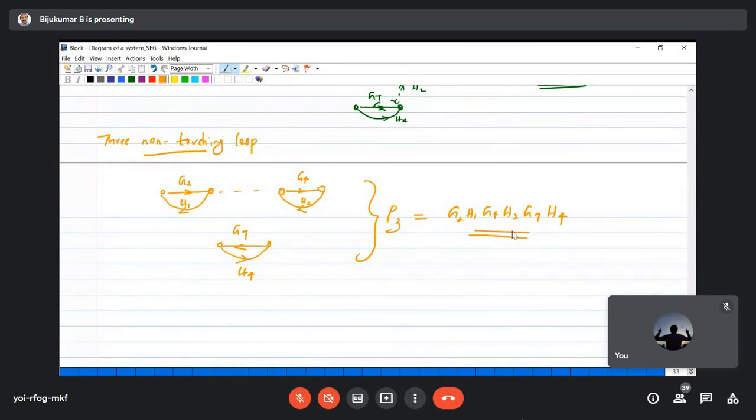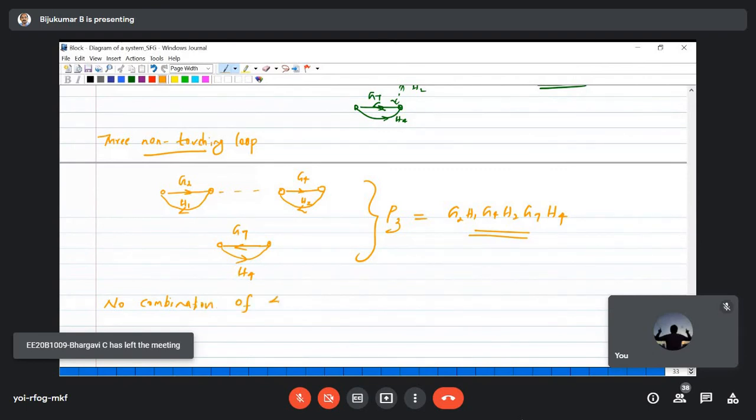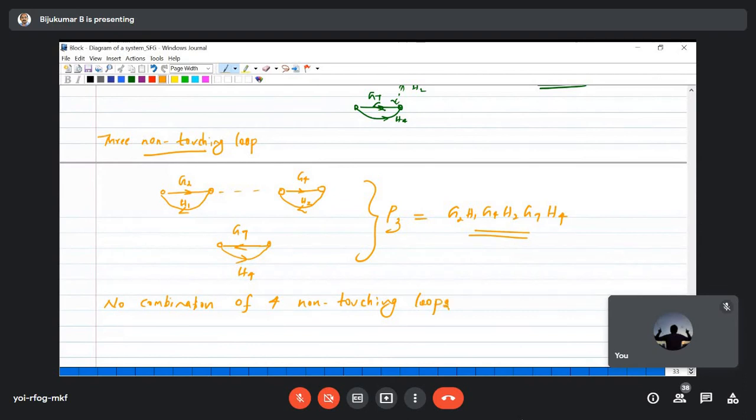Okay, there is no possible combination of 4 non-touching. So we don't need to see hereafter. So how can we write delta?